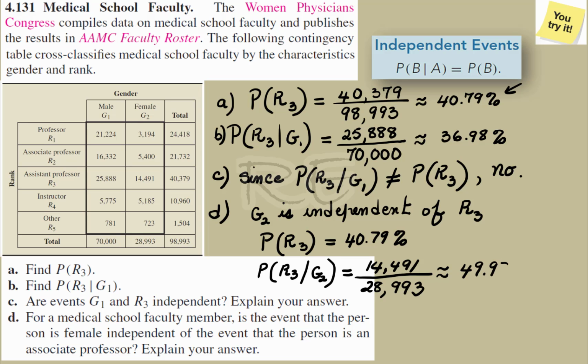The result is approximately 49.98%. Our conclusion is that G2 and R3 are not independent because P of R3 given G2 is not equal to P of R3.